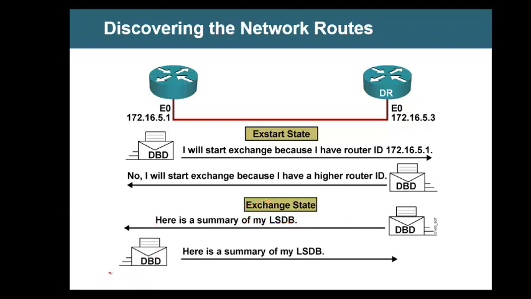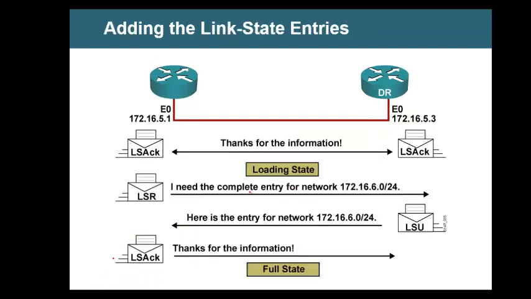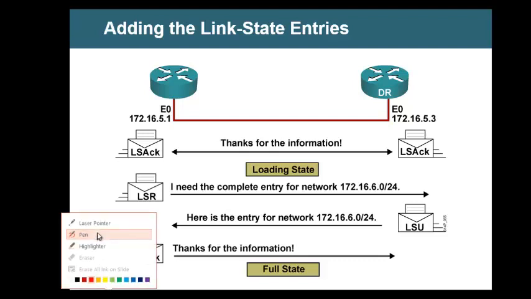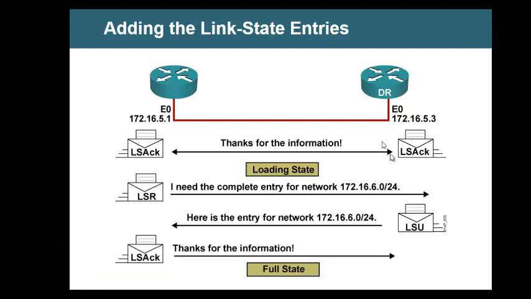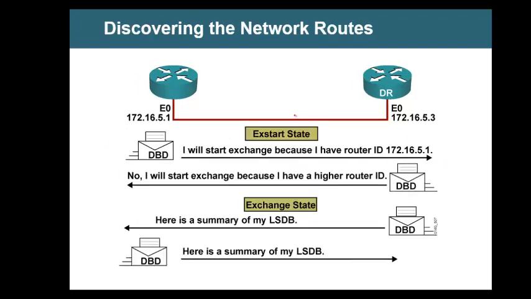Next, after sharing the DBD, they both send a thanks message. Okay, I got your DBD. Thank you. They both send the acknowledgement, which is called, again, exchange only. In the exchange state it happens.